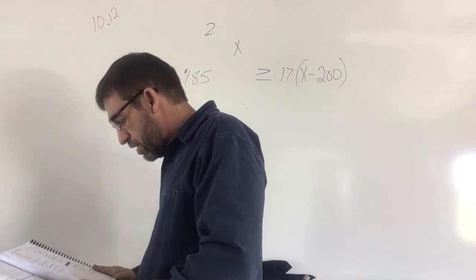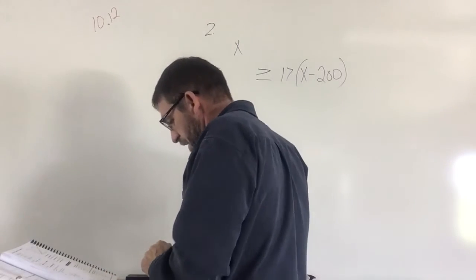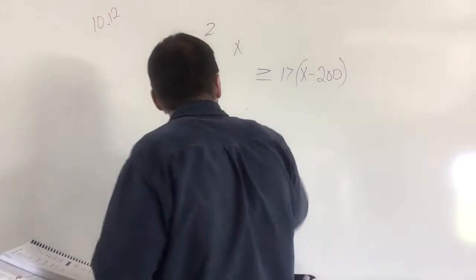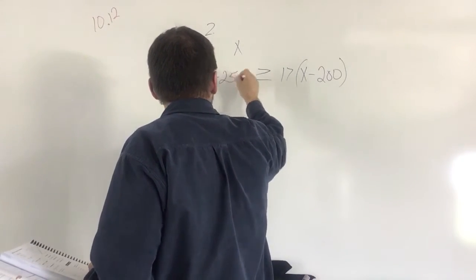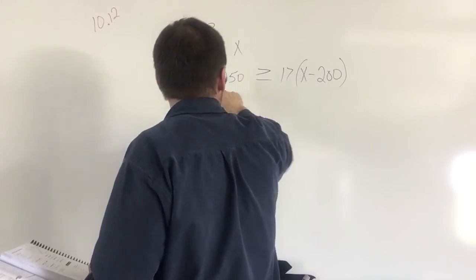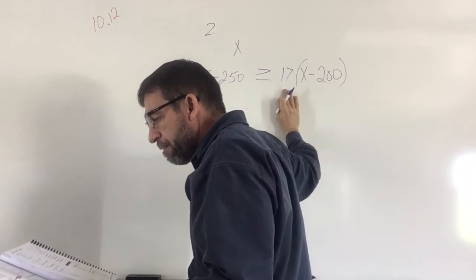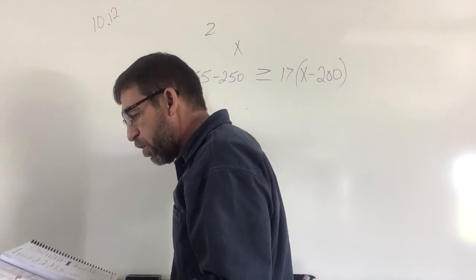And then he says negative 250. Okay. Subtract this from 250, because the first 250 is going to be 17. The car costs $185 a week plus 17 cents for over 200 miles.